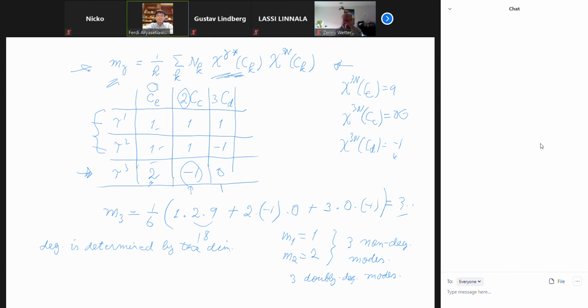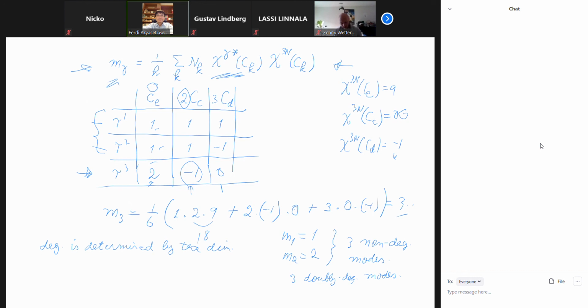Any more questions before I continue with the permutation group? We have a little bit of time. We have 15 minutes to do the permutation groups. But we will do a real example next Wednesday during the exercise class. We'll take up the water molecule and analyze the vibrational modes.